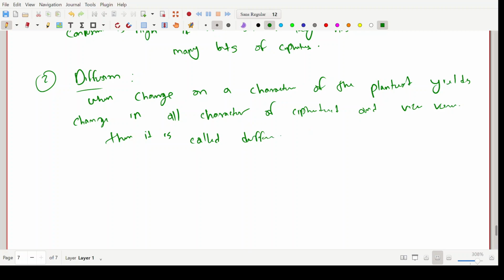So here, the idea is to hide the relationship between ciphertext and plain text. The diffusion is high if each bit of a plain text has an influence on many bits of ciphertext.